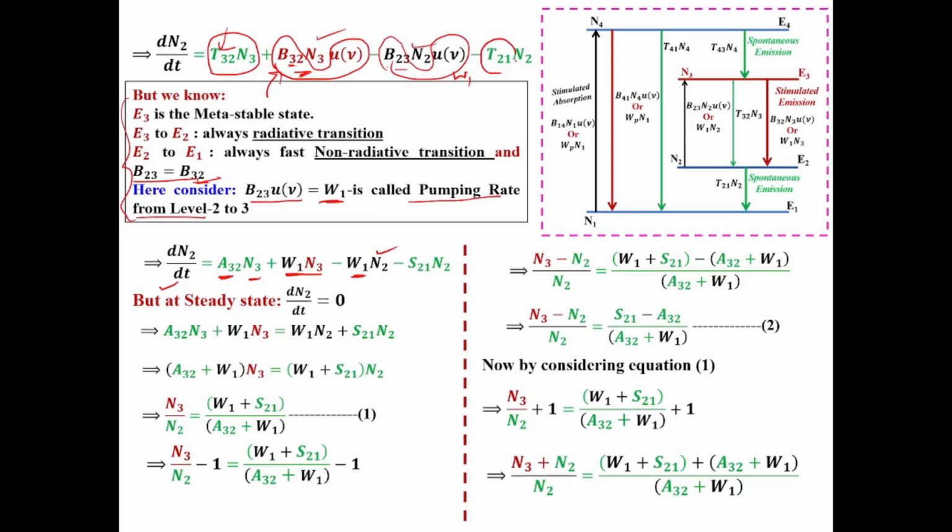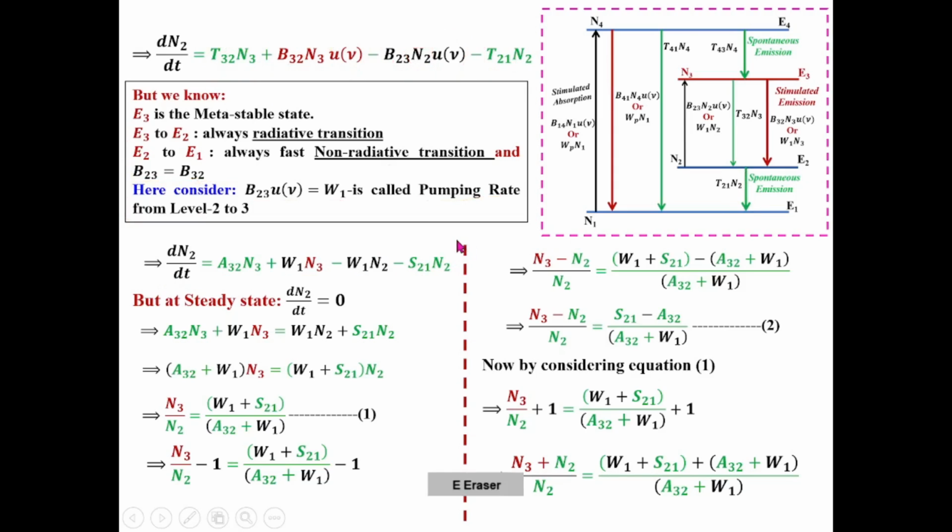And T21, meaning the transition from here to here, is non-radiative, so instead of T we have to write S, so S21 N2. Okay, now consider steady state. At the steady state or equilibrium state, the N2 value is constant, so the rate of change of N2 will be how much? It will be 0. So that implies this value will be equal to 0.